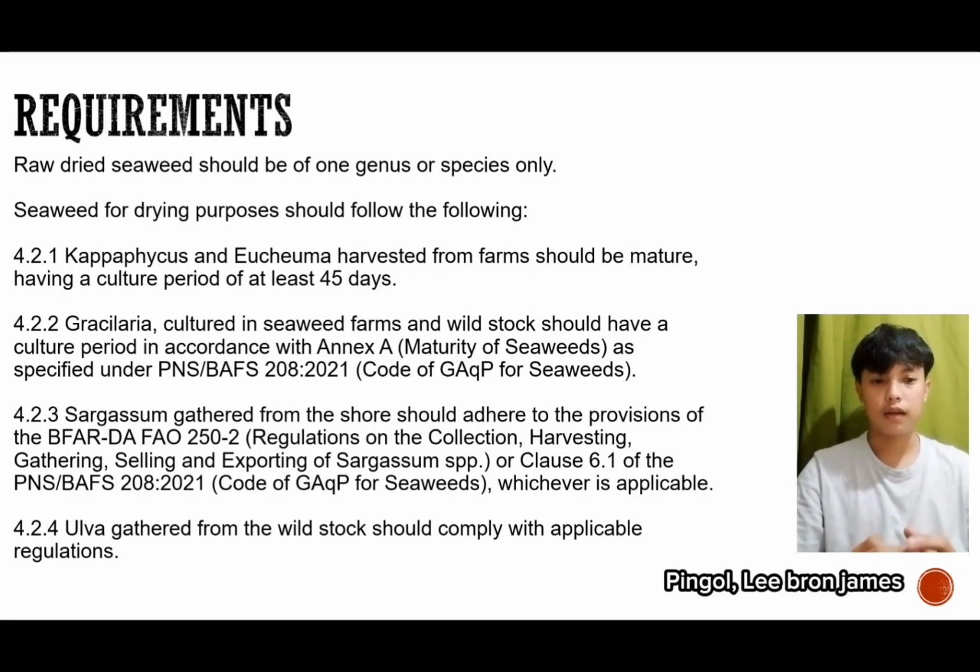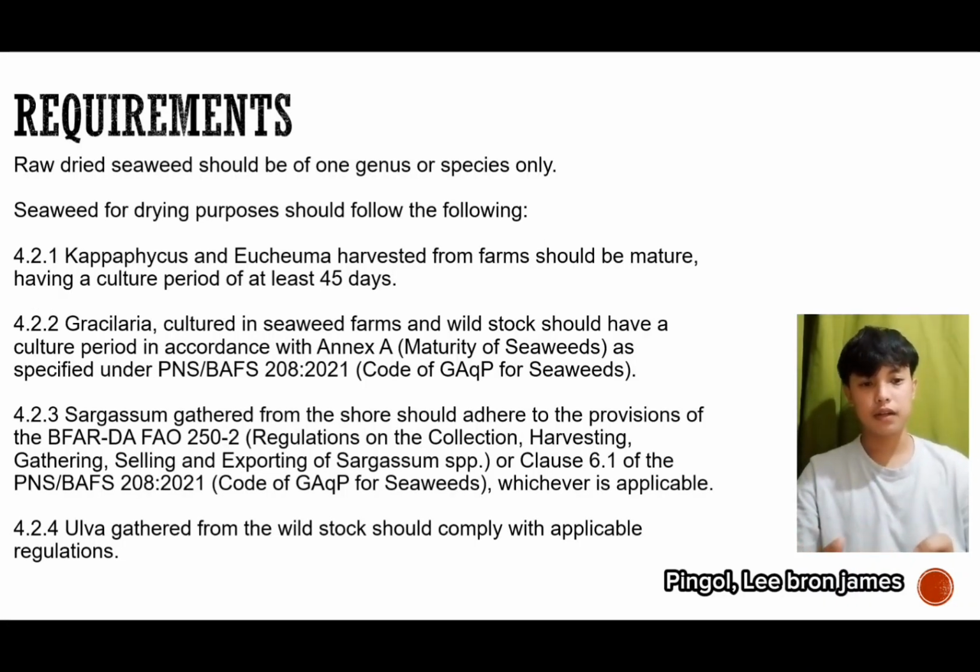Hi everyone, I'll be explaining the standards and classification for raw dried seaweeds based on the Philippine National Standard. So let's start with the requirements. Raw dried seaweed should only come from one species. It shouldn't be mixed with others.